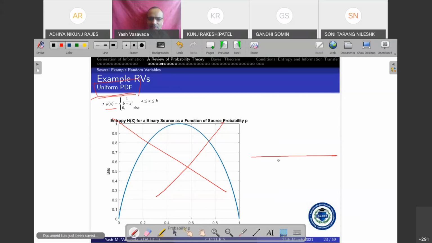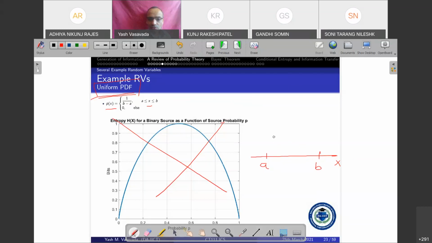This is the real-valued line, and there is some lower limit, which is A. What this formula says is that this random variable takes a value between its lower limit A and its upper limit B. Outside of these limits, the probability that the variable takes a value is 0. So these are the two limits, A and B, and this is the random variable.